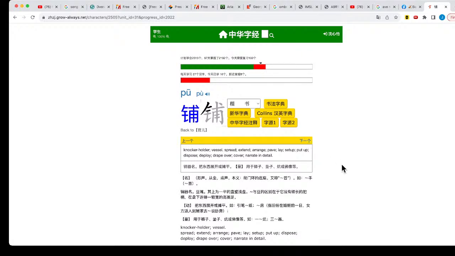铺 is spreading. Basically, spreading something like a sheet, like 铺一张桌布, which means you lay down a tablecloth over the tabletop. That's called 铺桌子. It also means applying a layer of things.